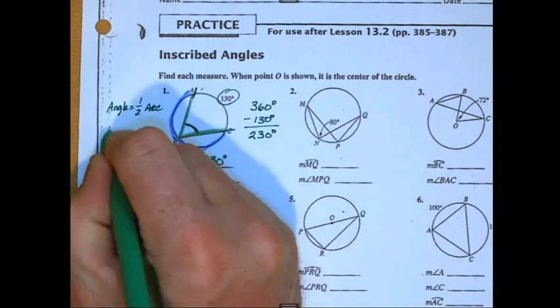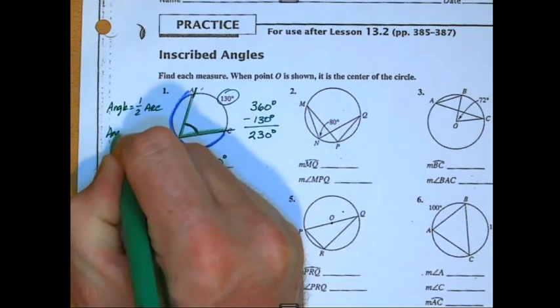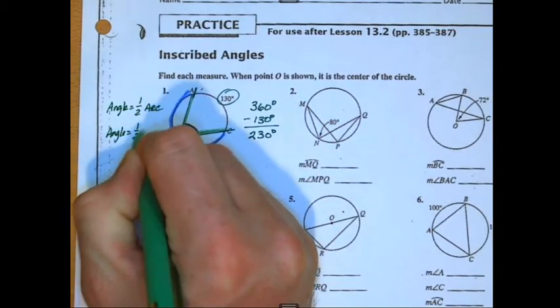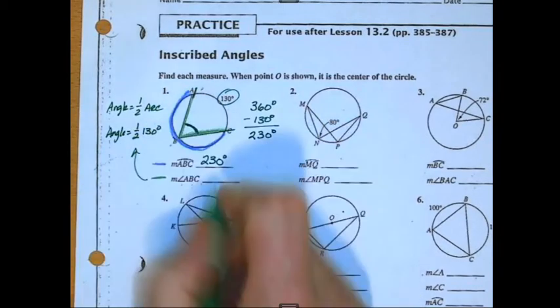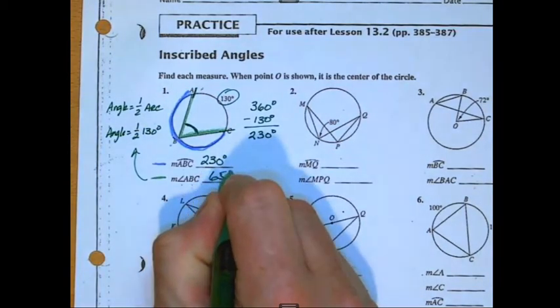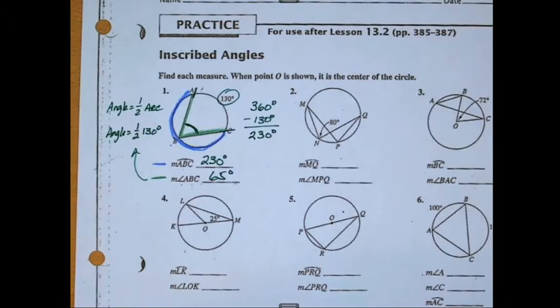So the angle is equal to half of 130, which is 65.